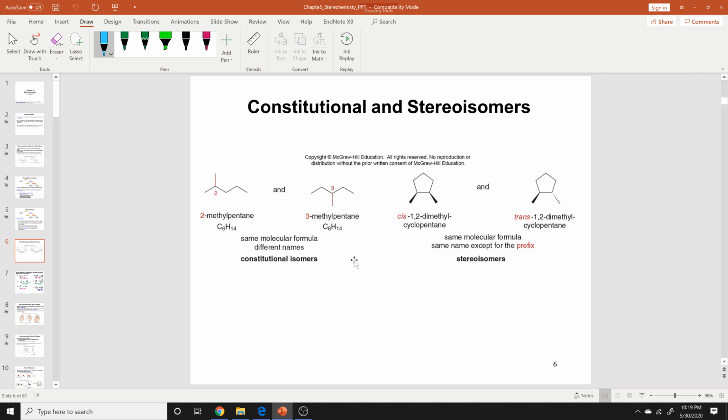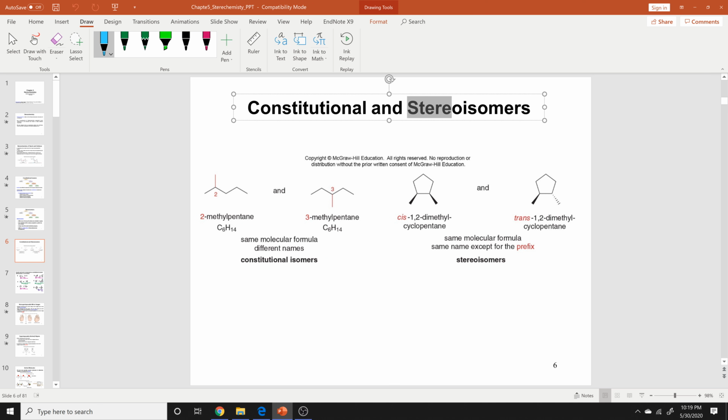So this is the difference between constitutional isomers and stereoisomers. The moment we say stereo, we mean rotation. So you are doing a rotation of the molecule in space. So it's either the rotation or the orientation.